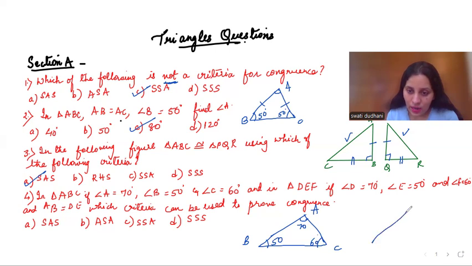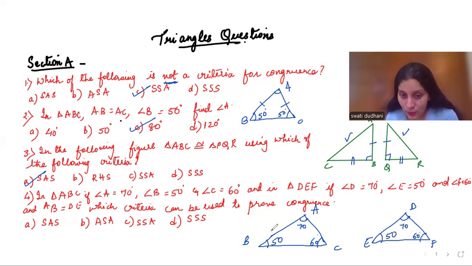And in the other triangle DEF, it is given angle D is 70, E is 50 and F is 60. And AB is equal to DE as well. So here I can see that angle A is equal to angle D, B is equal to angle E, and AB equal to DE. AB and DE is the included side. It is the side between the two angles. So it should be ASA, two angles and an included side.